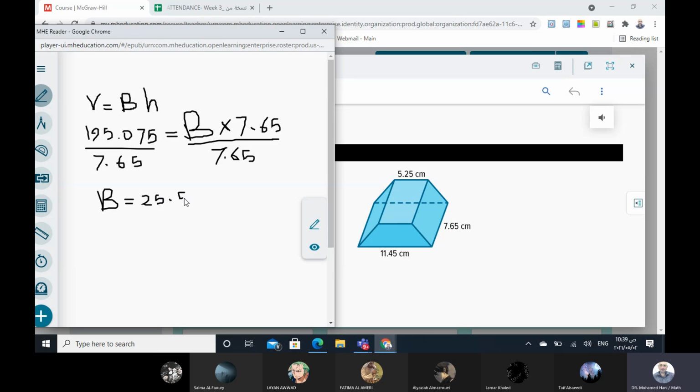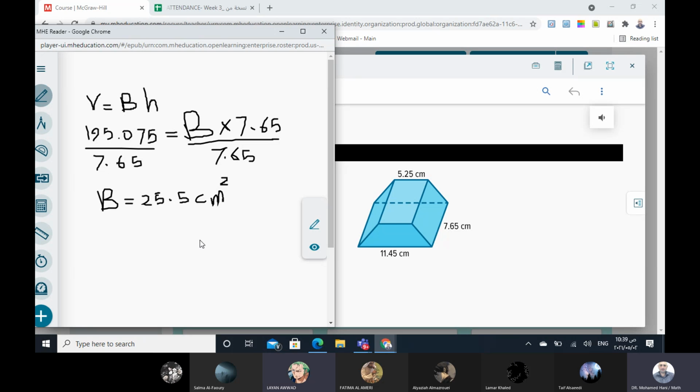25.5. Okay, who can tell me what is the unit here? Centimeter squared. Excellent, centimeter squared, because here we have area. So centimeter times centimeter will be centimeter squared. Who has any question here?